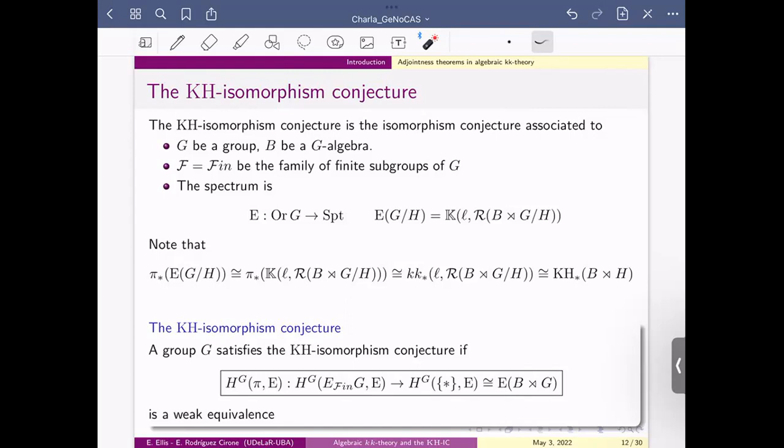And this is for any H, it doesn't have to be finite or anything. So it's a matter of Morita equivalence if you want.